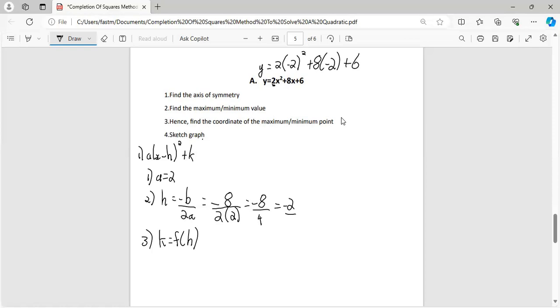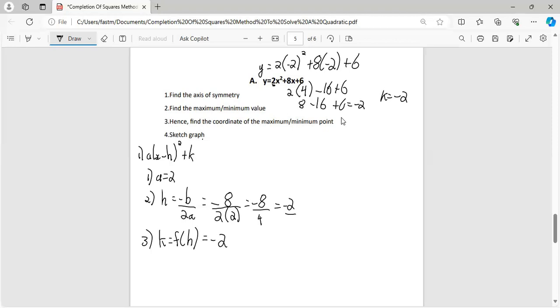Yeah, and you can put this in a calculator or solve it, so I'll break it down here for you. So this will be 2 times minus 2 squared, which is 4, so 8. 8 times minus 2 is minus 16. And plus 6. So 8 minus 16 is negative 8, and negative 8 plus 6 is equal to minus 2. Yeah, so therefore k is equal to minus 2, right?